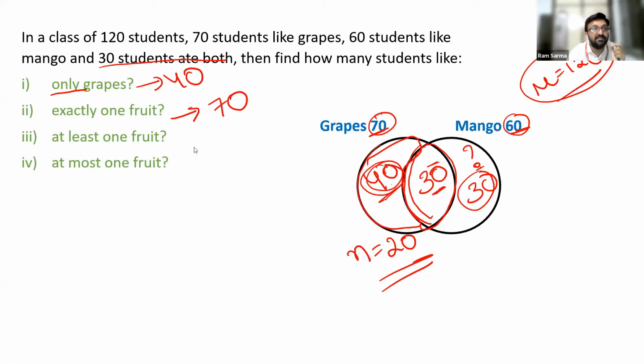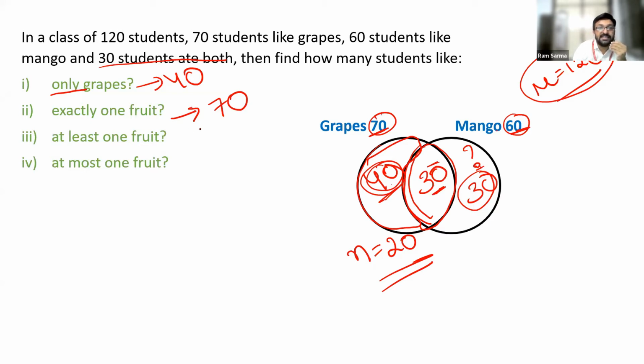Now, what is the third one? At least one fruit. Can you answer this? Wonderful, Robert. Wonderful, Karma. At least one is 100. What does it mean? At least one is nothing but exactly one plus more than one.